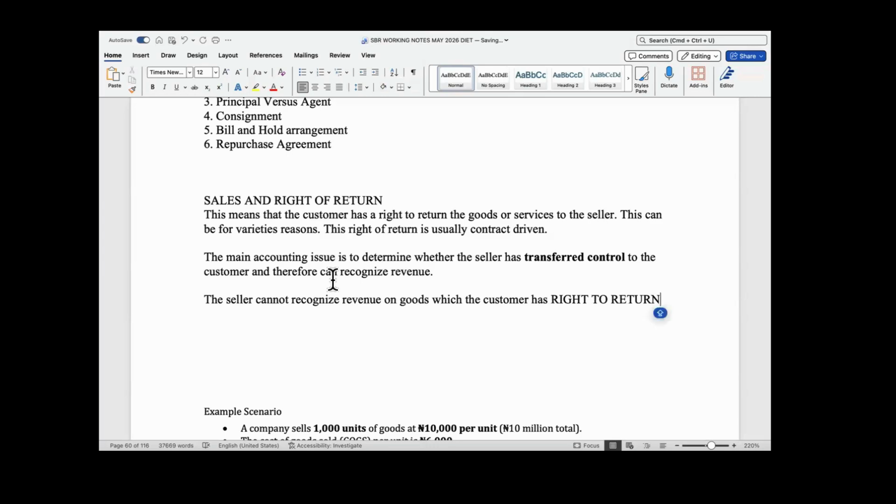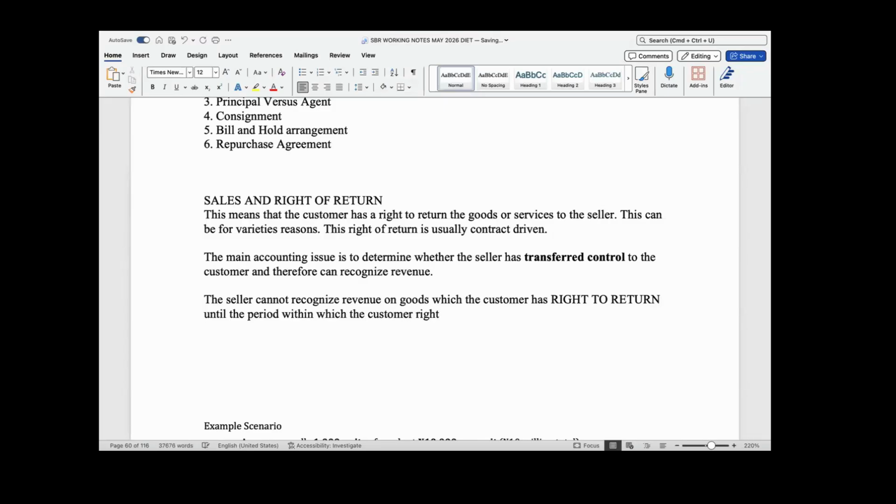So if the customer has a right to return a commodity, you cannot recognize revenue until the period within which the customer's right to return expires.